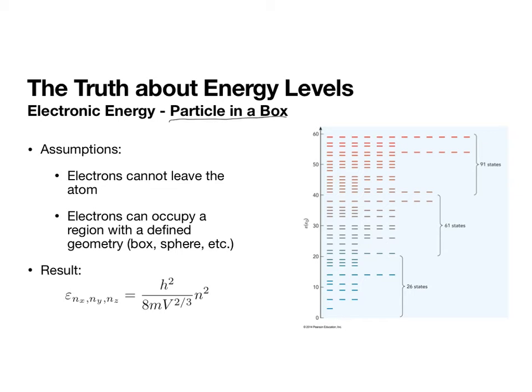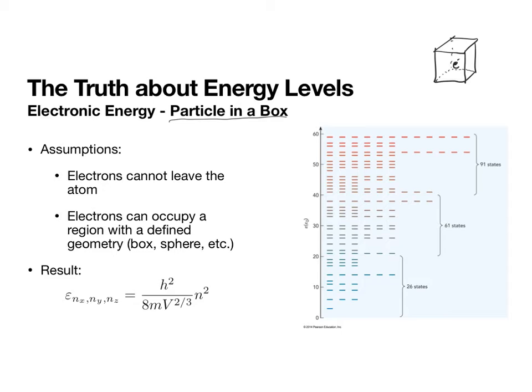So to figure out the electronic energy, we use something known as the particle in a box. What we do is assume that we have, in this case, a three-dimensional box. This could be a sphere as well, but a box makes the math a little bit easier than a sphere. And inside of this box, we put a particle. Let's just call our particle an electron, because we're chemists, we like electrons.